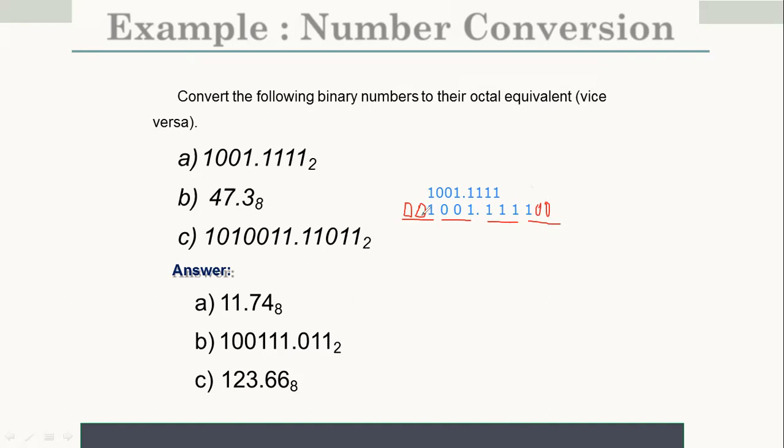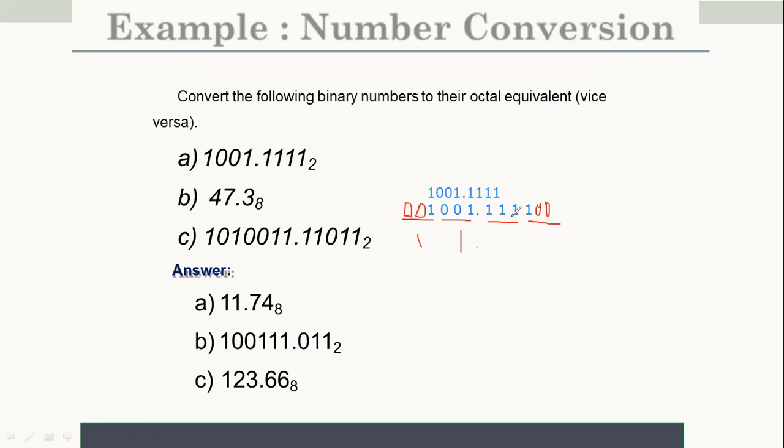Now we are grouping 3 bits. What is the equivalent of 001? The equivalent octal number for 001 is 1. Again 001, so here also 1. Point.